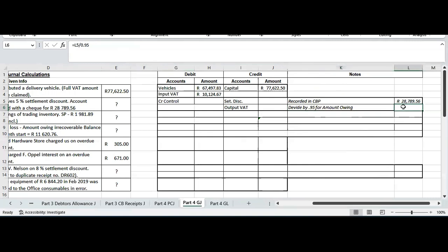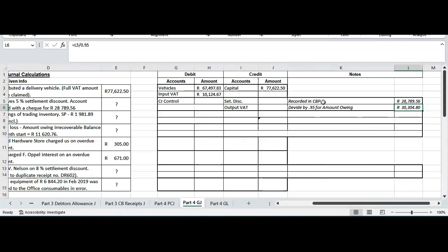And then you will get the amount that was originally outstanding. So what's happening here? We are owing Bowman 30,304 Rand, but he gives us a 5% discount, and so we are only paying 28,789. This transaction was recorded in the cash book payment.